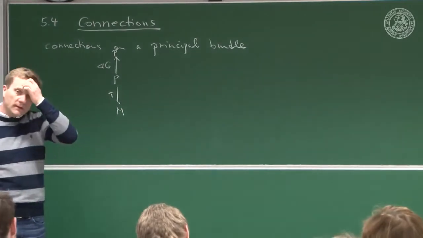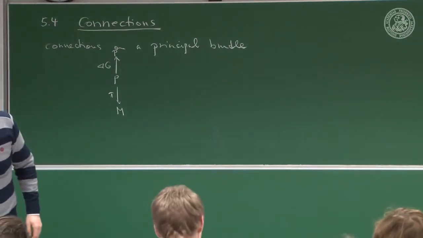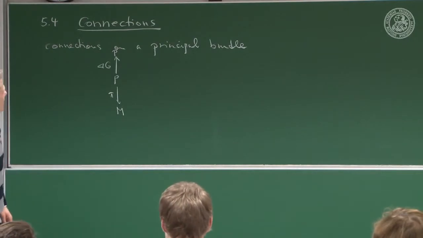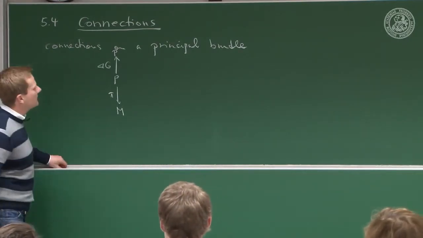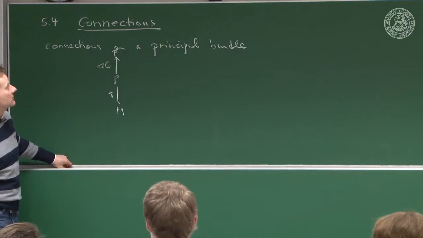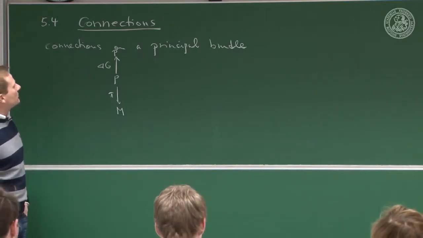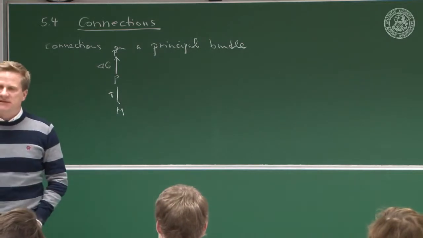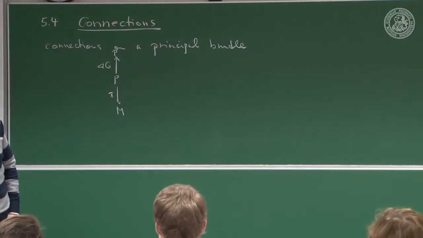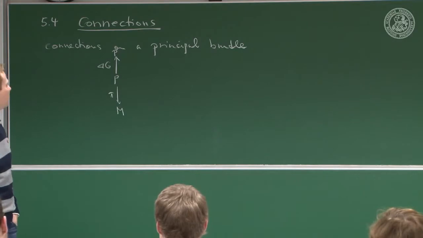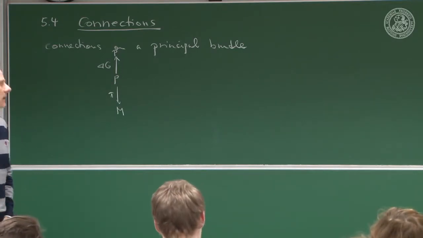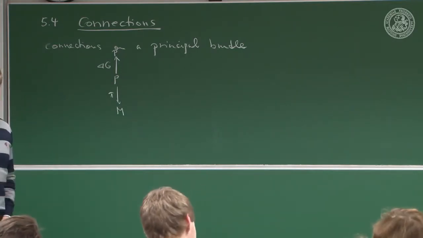There's a warning: you probably already met the notion of a connection in differential geometry or general relativity, where the term connection is very often used synonymously with covariant derivative and with parallel transport. Well, you need to forget about this.